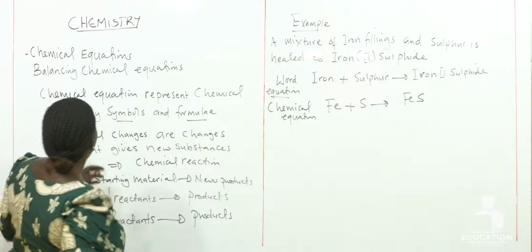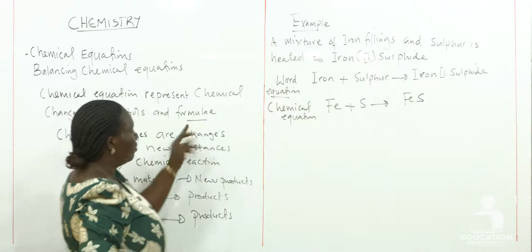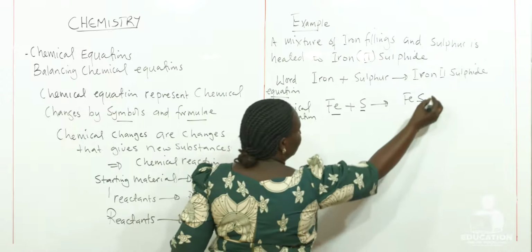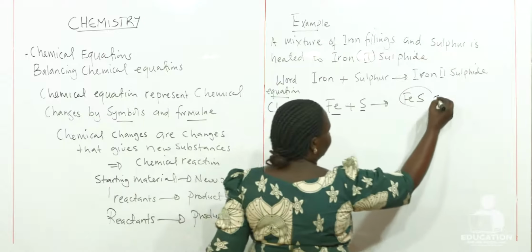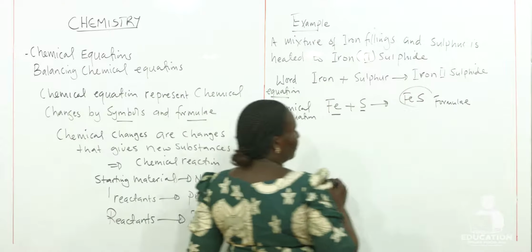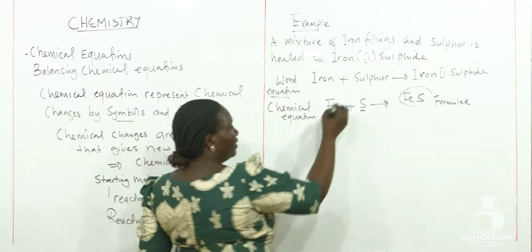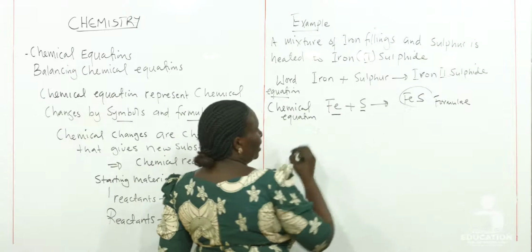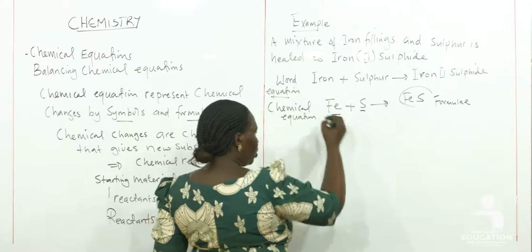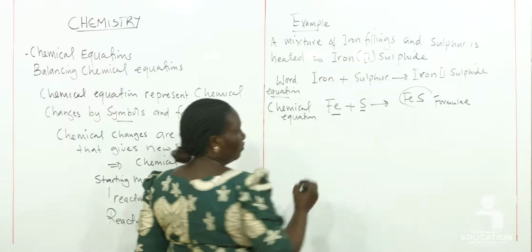We say that a chemical equation represents chemical changes by symbols and formulas. These are symbols, and this is the formula of the compound iron 2 sulfide, and Fe and S are the symbols. So this chemical equation is showing us a chemical reaction in the form of symbols and formulas.